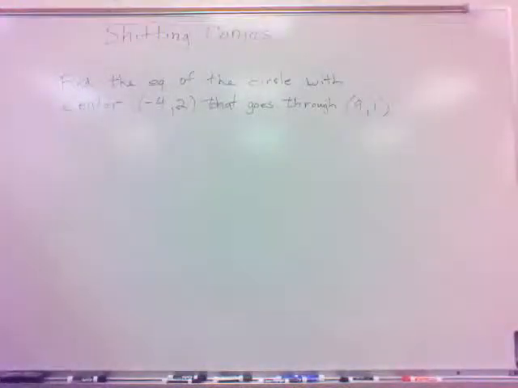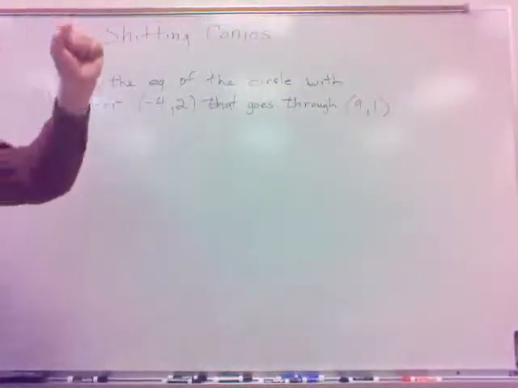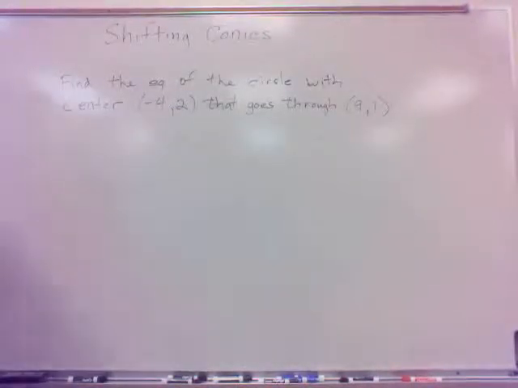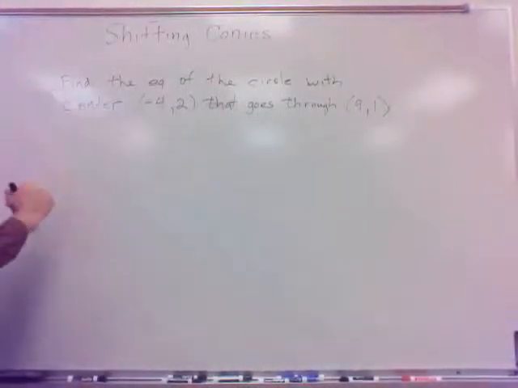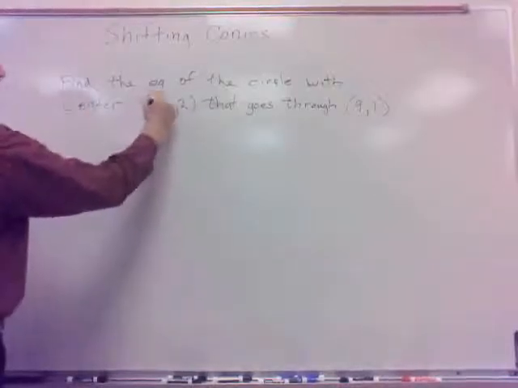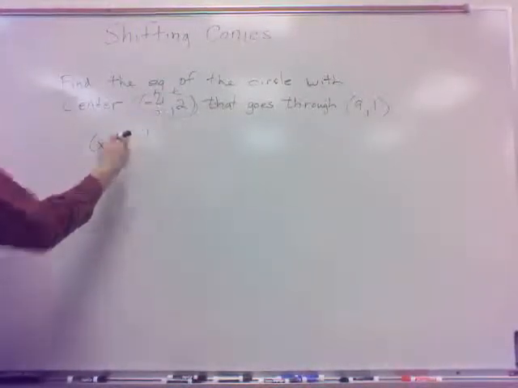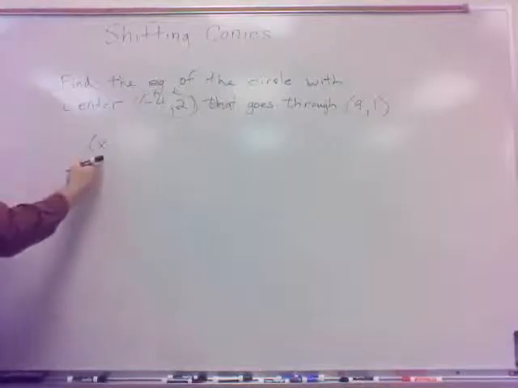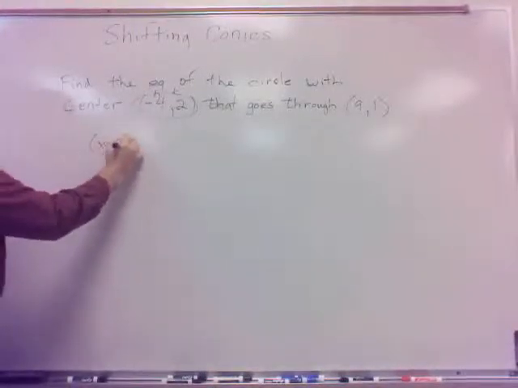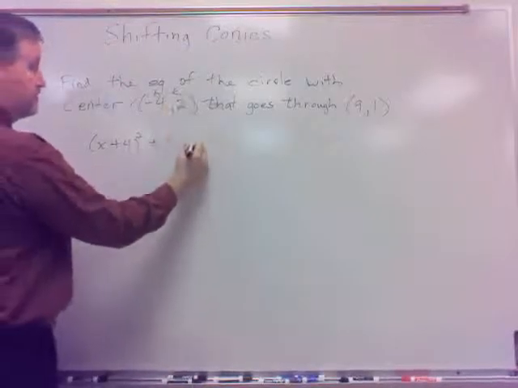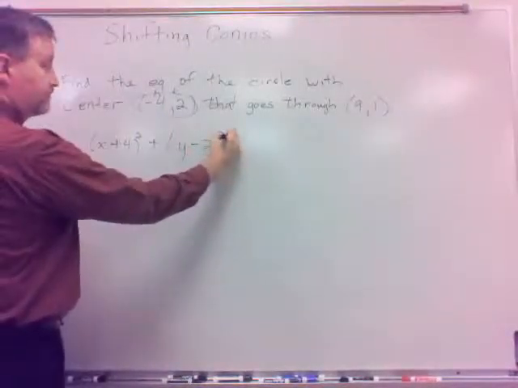So in this case, I've got the center, and then I've got a point on the circle. Can I find that equation? Because I don't have the radius. And the answer is yes, I can, because here's what I can do. We've done similar things before. This does give me h and k. Center is h, k, so h is negative 4, so what would this be inside here? (x plus 4) squared plus y, k is 2, so it would be (y minus 2) squared.